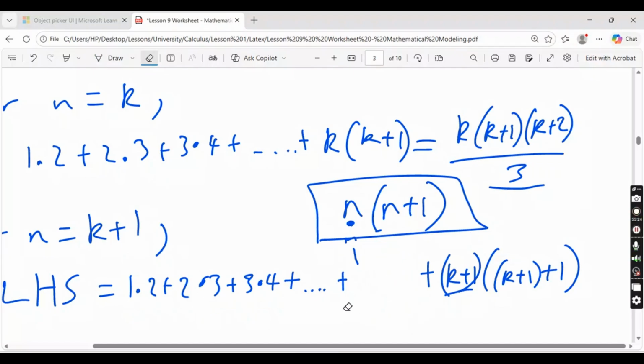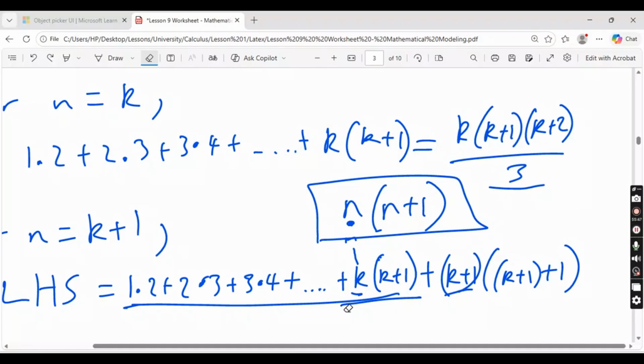Ah, I see why I'm confused. I forgot that it has to be the original k, then you add the new k plus 1. Yes, because the new k plus 1 is actually a term after k. That's why it says k plus 1. So it's a new term after k.